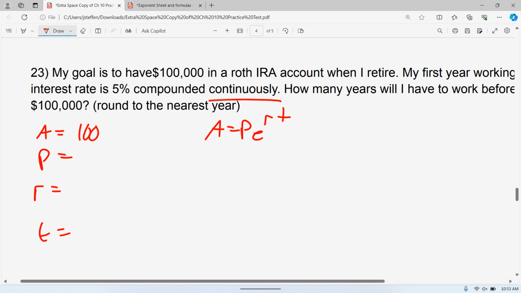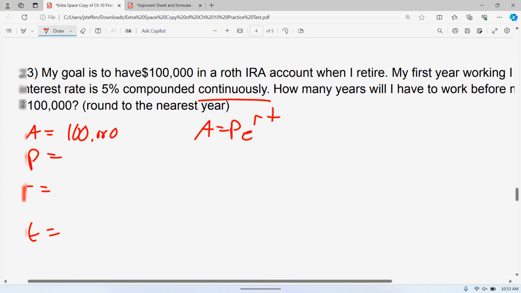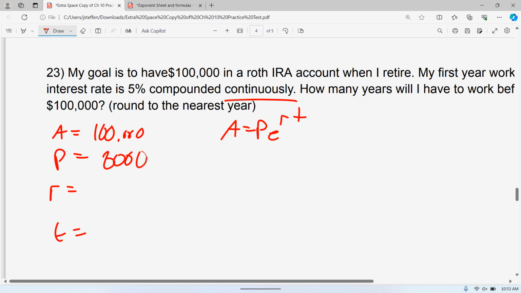Your P is 8,000, the rate is 5%, and we want to know what the t is for that one. So again, plug your numbers in. We have 100,000 is equal to 8,000 times e to the 0.05t.